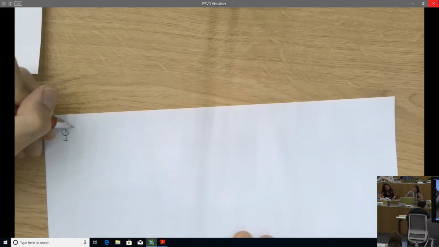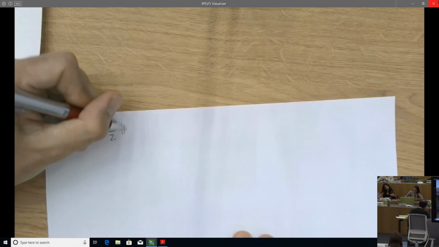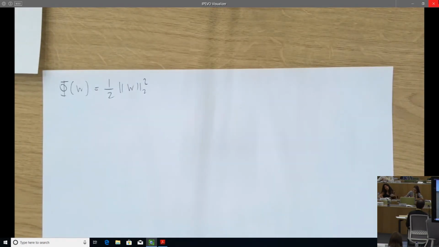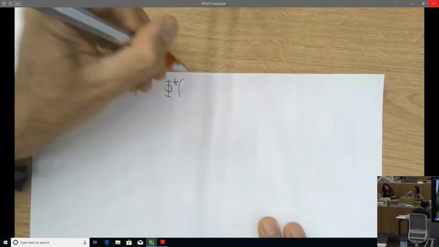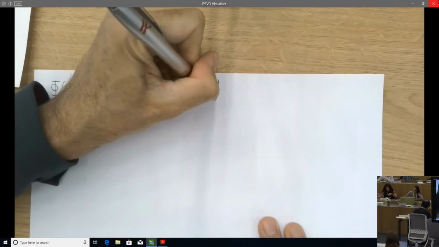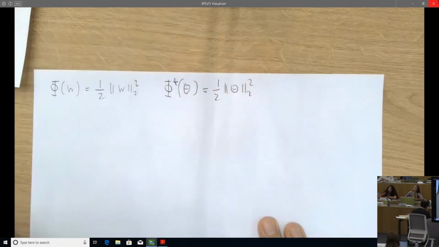If the regularizer is the standard squared Euclidean norm, the convex dual of that is the same, because the squared Euclidean norm is self-dual.